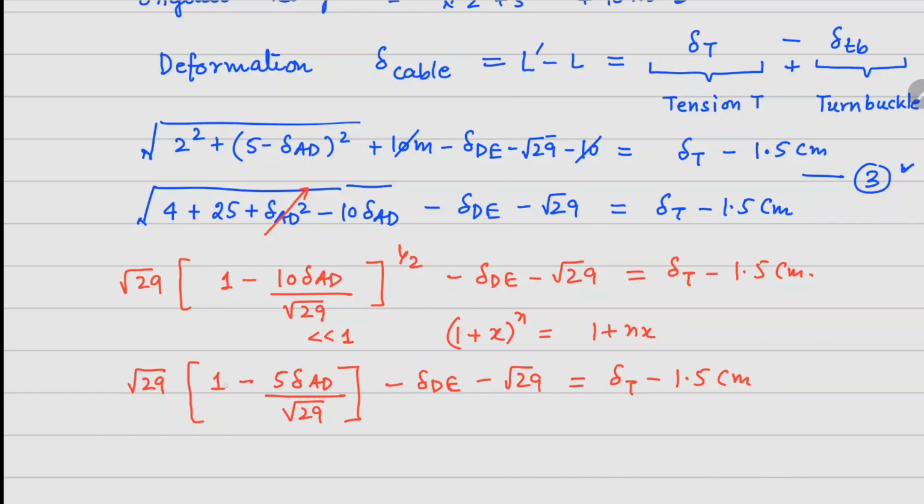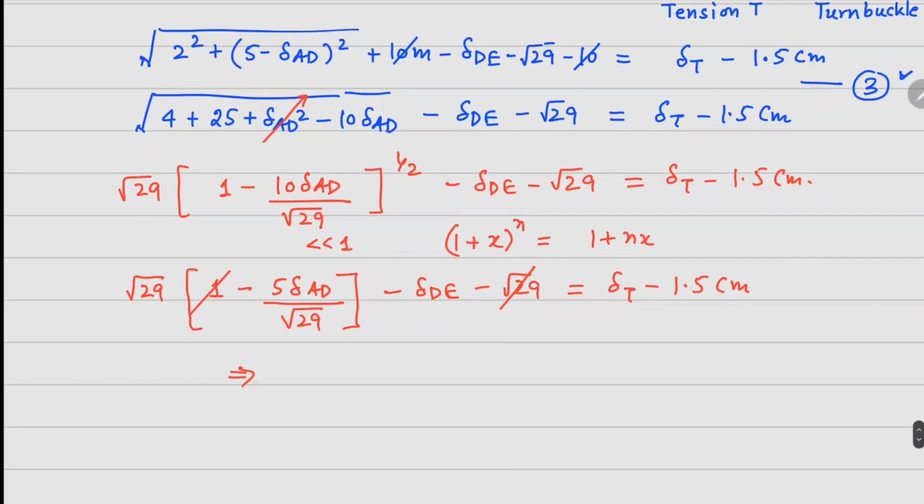So now if I multiply the square root, this cancels out with this. So effectively this gives us minus 5 delta AD minus delta DE equals delta T minus 1.5 centimeters.